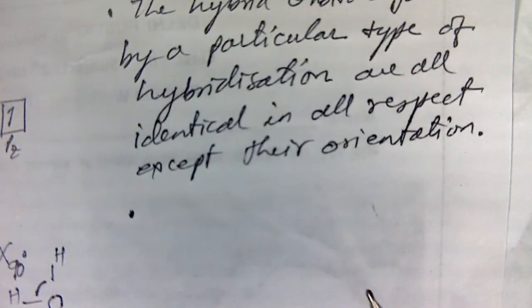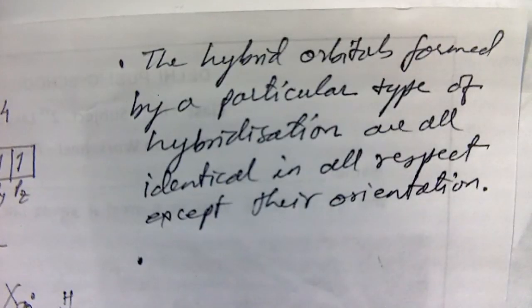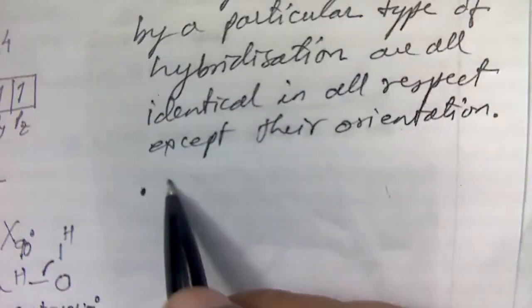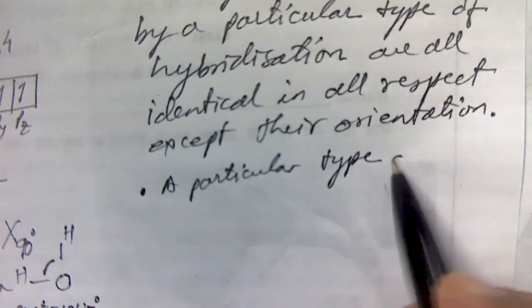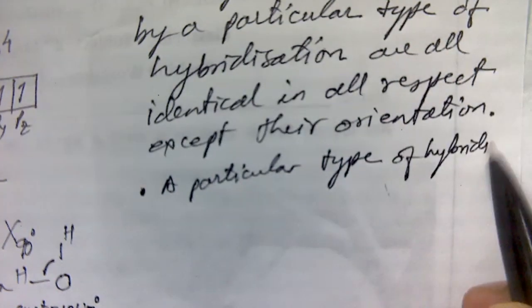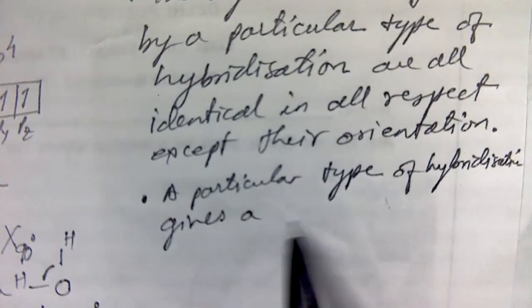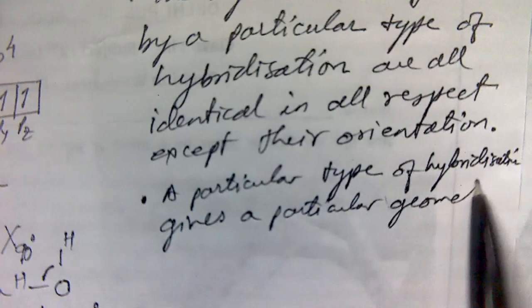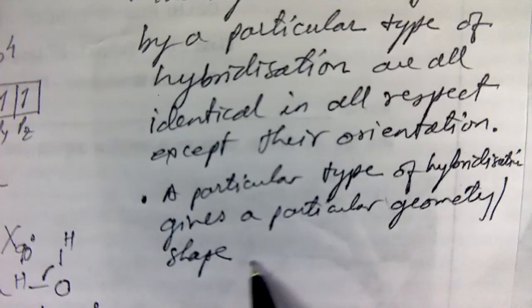Clear? And then another very important point: whatever hybridization is taking place, that particular type of hybridization gives a particular geometry, meaning shape, to the molecule.